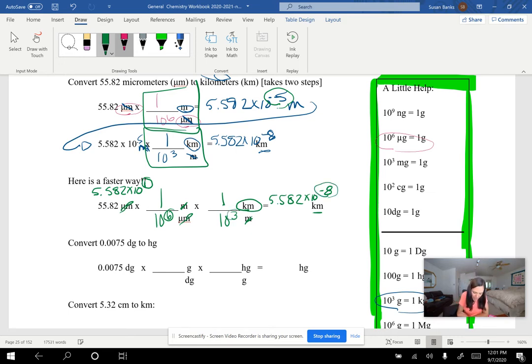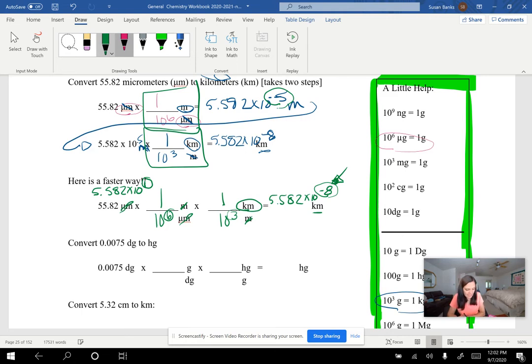So anytime you have an exponent, base 10, that is on the bottom, you're going to subtract it from whatever the exponent is on top. And if you have an exponent on top, you're just going to add them across. That's a good way to make sure that the size of your number is where you expect it to be.